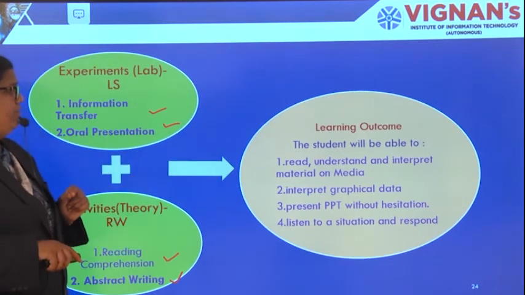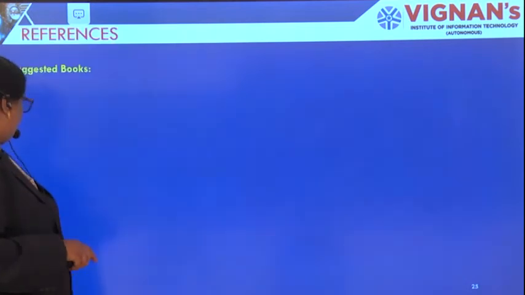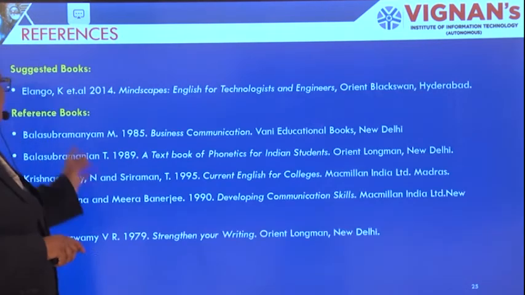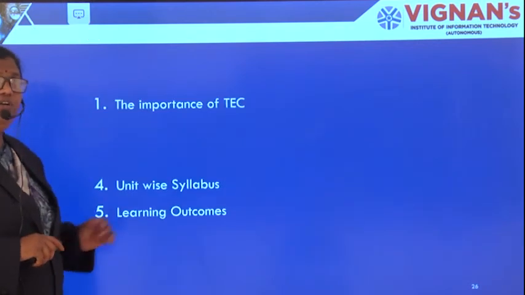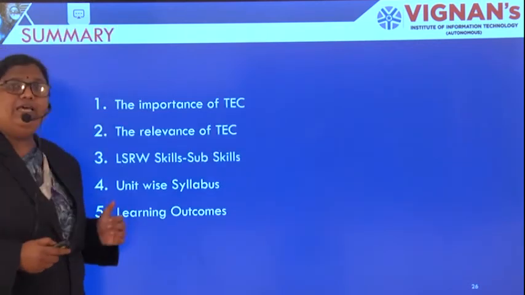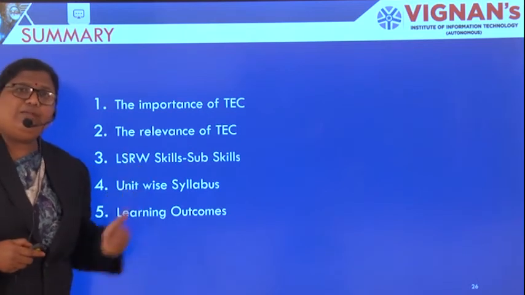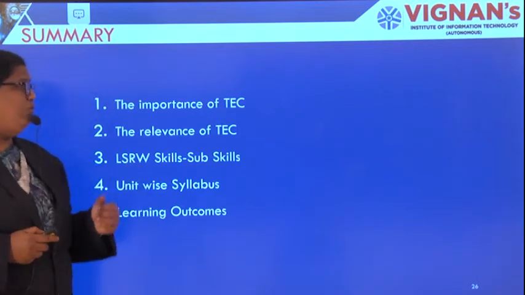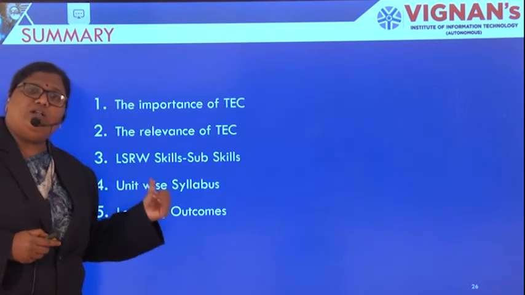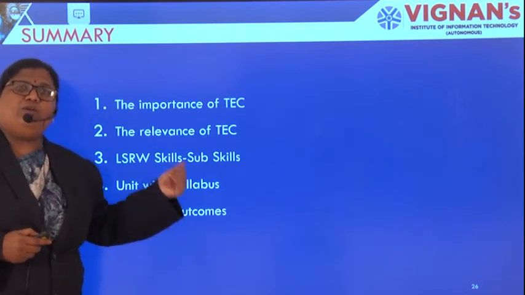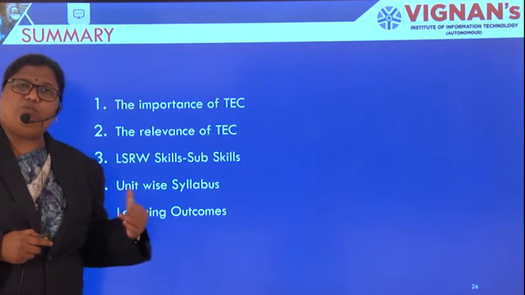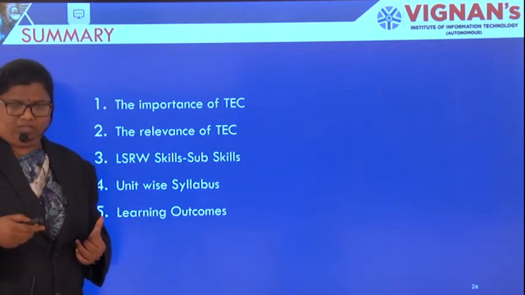Alright, now these are the suggested books and reference books for your English. Now in this video you have learned the importance of English, what is the relevance of technical English communication, what are the skills and what are the sub-skills, and then the unit-wise syllabus with unit-wise outcomes.